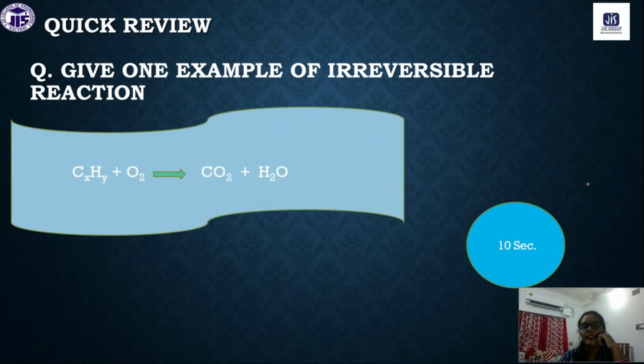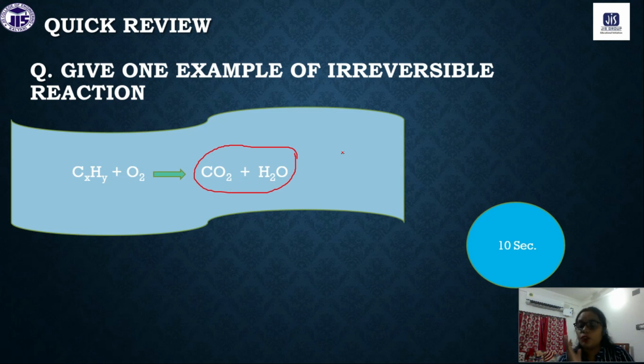The reaction is the combustion of any type of hydrocarbon in the presence of oxygen, which converts into carbon dioxide and H2O, which are very stable. After the formation of carbon dioxide and H2O, they do not combine at all to form the hydrocarbon again.